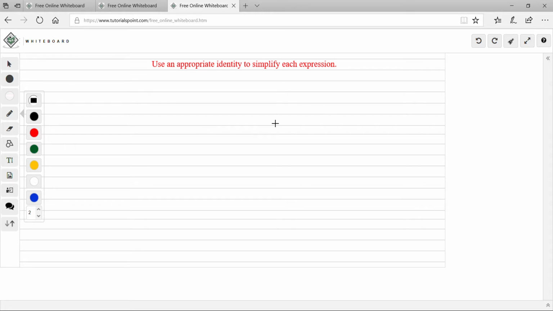So sine of 5 pi over 12, I'm going to use number 6, which is sine of u equals cosine of pi half minus u.